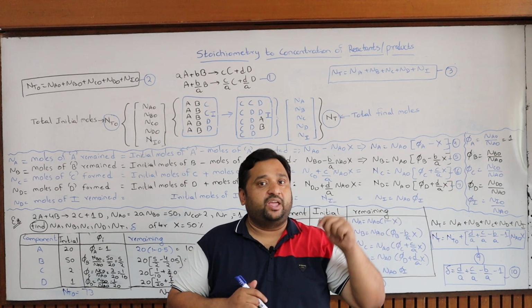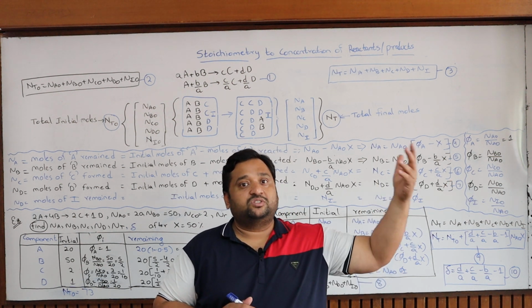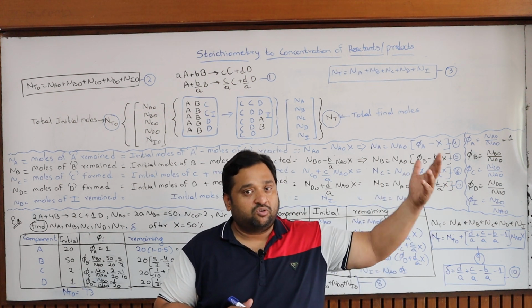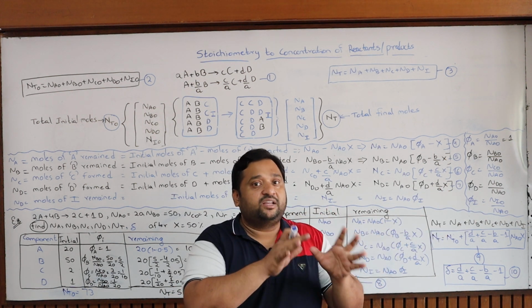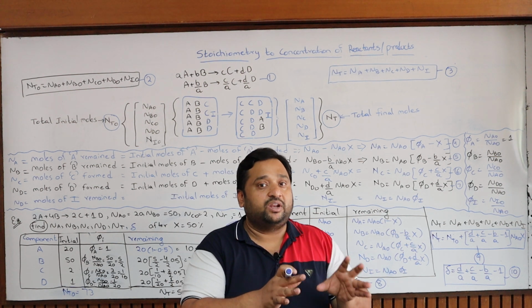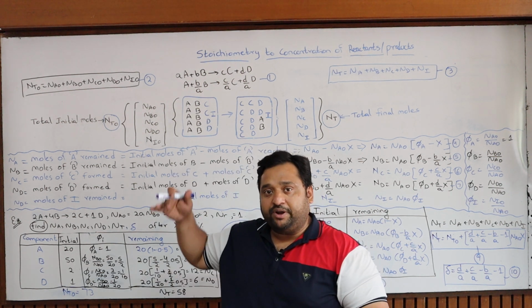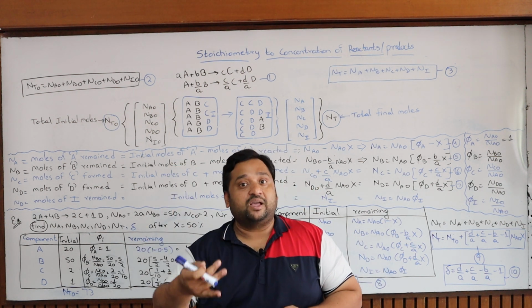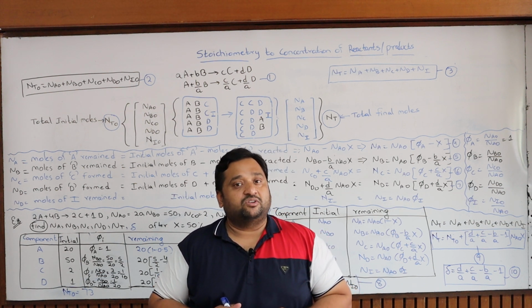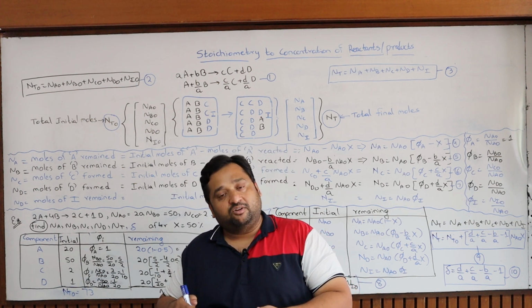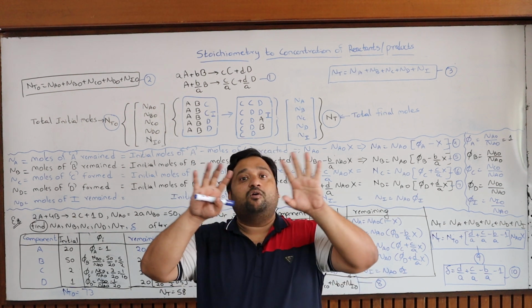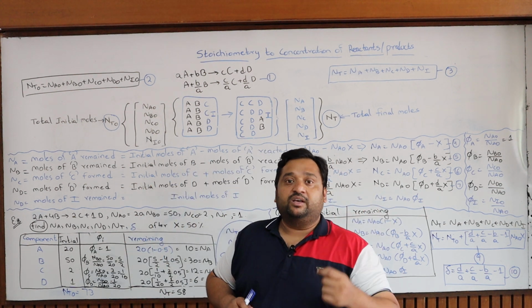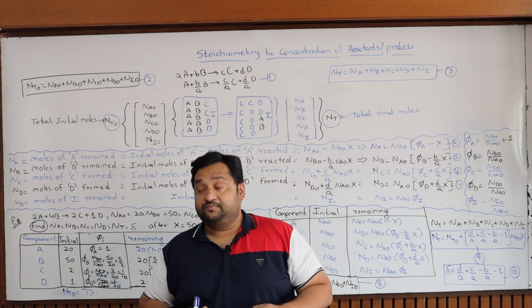After a certain amount of reaction, what are the concentrations of reactants and of products? A certain amount of reaction means after a certain conversion, let us say 10% or 20% conversion, and we are going to discuss the stoichiometry behind finding the concentrations. At the end of the lecture, we are going to do one small example, applying all the equations we have learned following the stoichiometry.